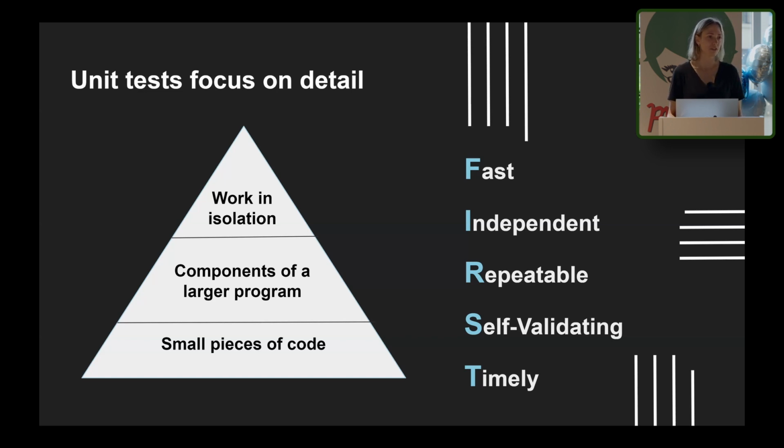There is no other logic than that. And finally, timely, meaning that unit tests should be written at an appropriate moment in a project, before actually producing production code. So we want to make sure that before we put anything into production, the code is tested and reliable.